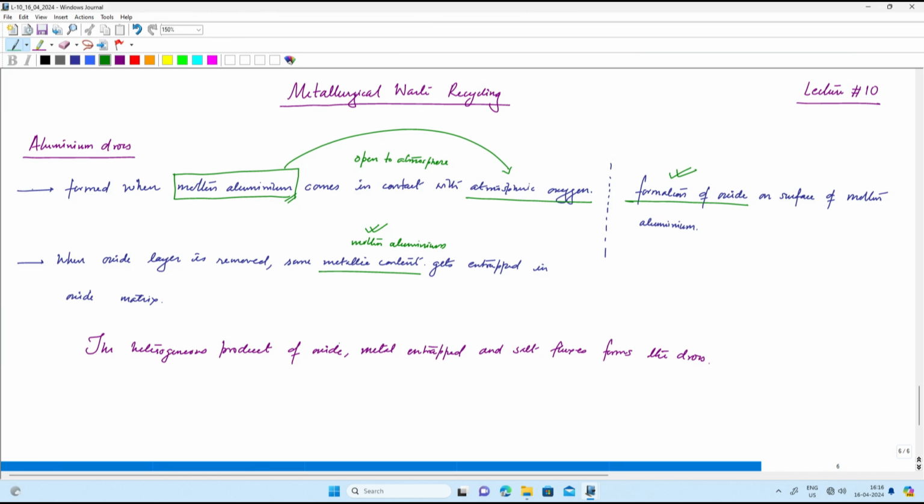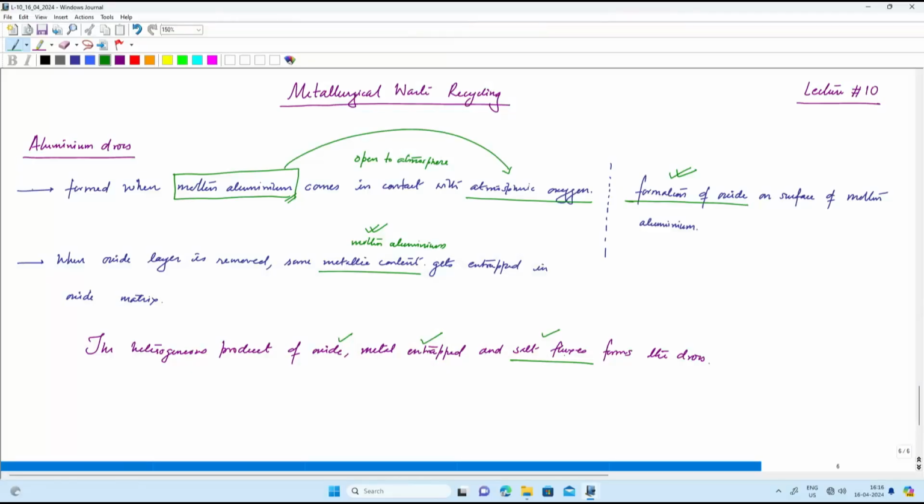This is a heterogeneous product of oxide, metal entrapped in the matrix, and salt fluxes. Where are salt fluxes coming from? The salt fluxes are present in the system to bring down the operating temperature of the smelting or melting process, whatever pyrometallurgical process we are involved in, and they also act as a protective layer.